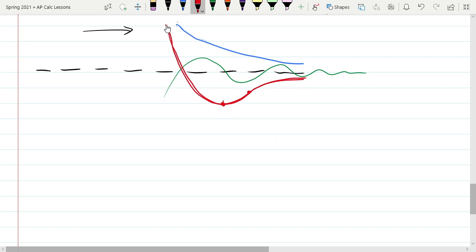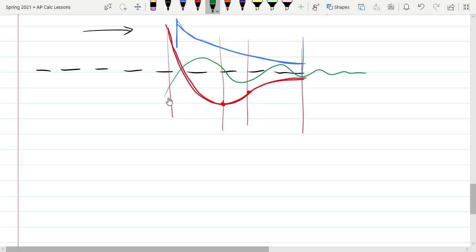In order to get this red shape, you would actually have to have 3 separate intervals show up in your sign chart to describe that end behavior. Again, that's as opposed to the blue shape, which is just one consistent interval. It is decreasing and concave up that whole time.